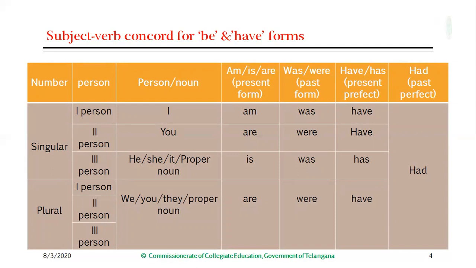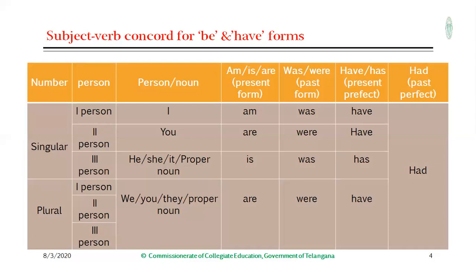Or I was eating a banana when the power went off. I was sleeping when the power went off. Like that. I have a new car. I have received my friends.